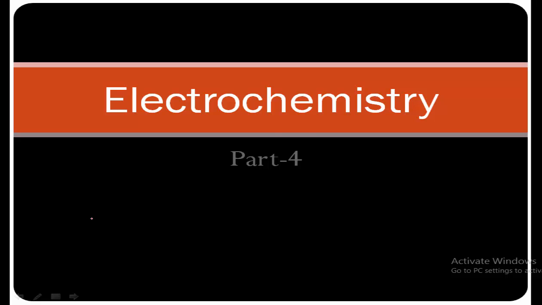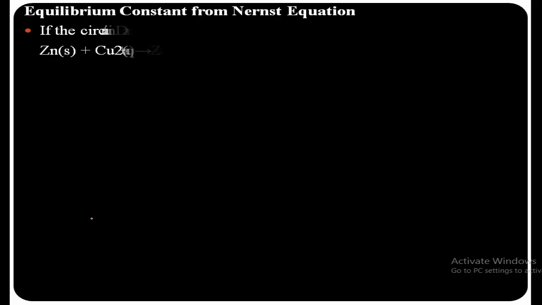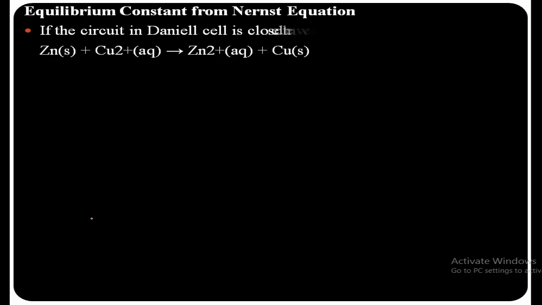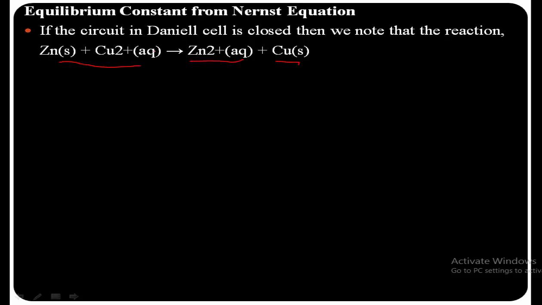So in today's video, we are going to deal with the equilibrium constant from the Nernst equation. What is the value of the equilibrium constant obtained from the Nernst equation, that we will study. So here, if the circuit in a Daniell cell is closed, then we note the reaction Zn plus Cu2+ gives Zn2+ plus Cu.